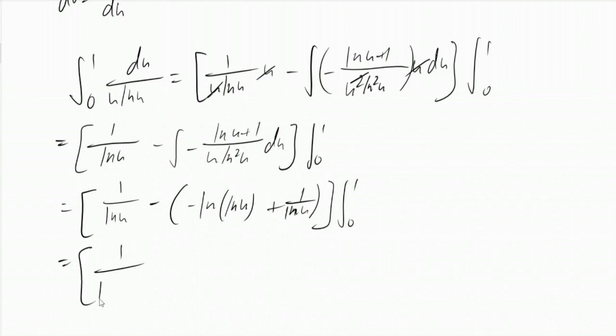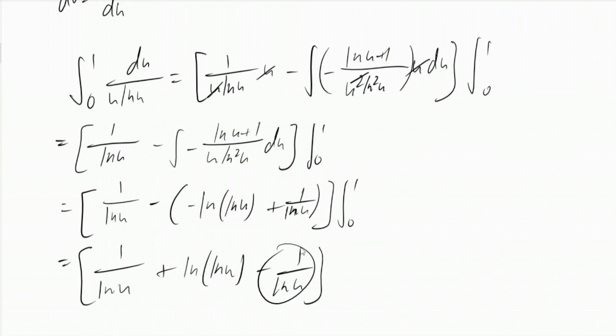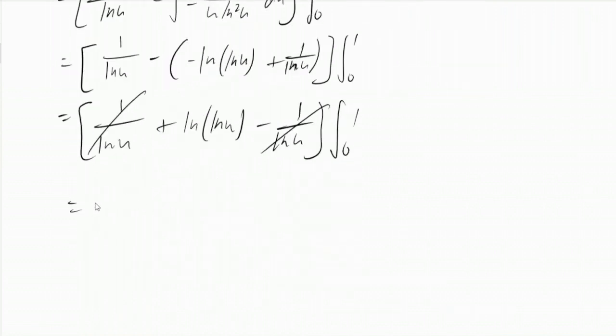That is 1 over ln u plus ln u negative 1 over ln u. As you can see, these terms here are both like terms, so we cancel them out since this is positive and this is negative. And what remains is ln u, the integral from 0 to 1.